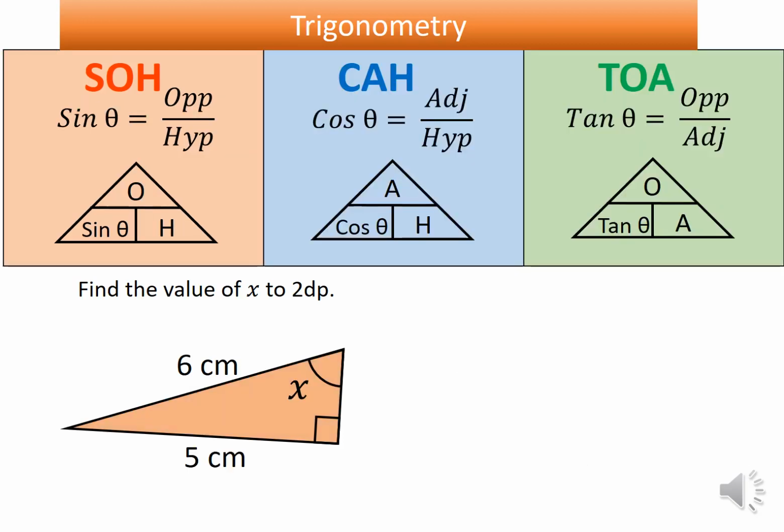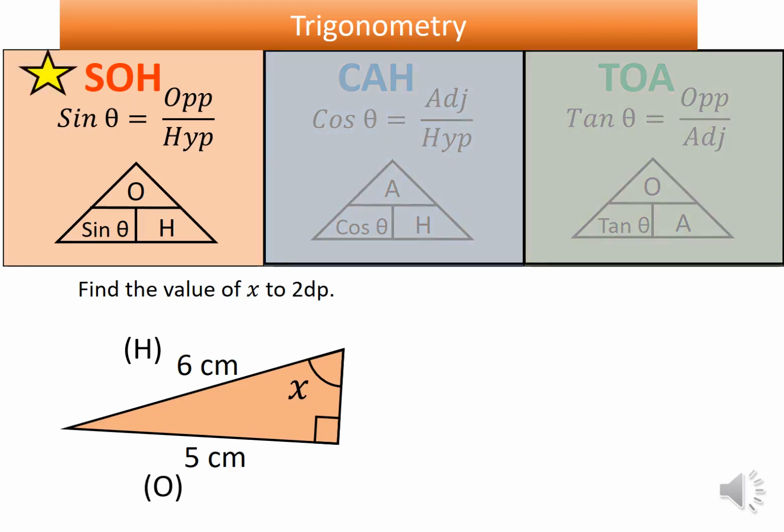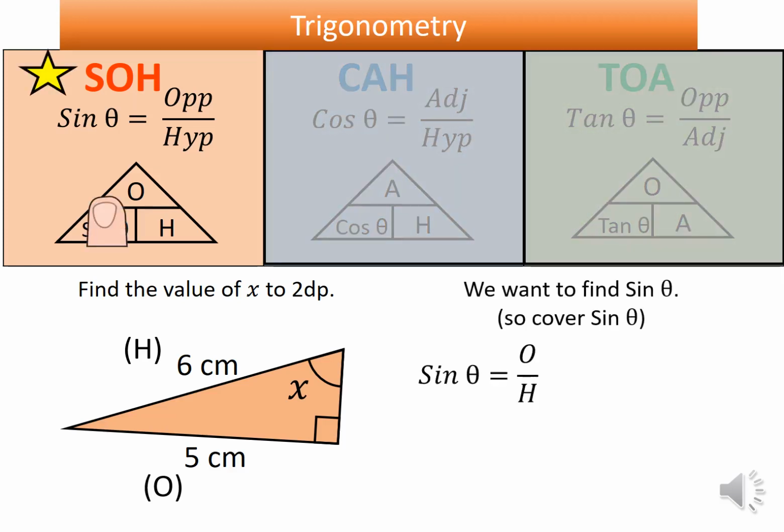In the next example, I have two lengths given, but I want to find the angle. So again, we need to start by marking or labeling what we have in our diagram. So 6 is the hypotenuse because it's opposite the right angle, and 5 is the opposite because it's opposite angle x. So I need the ratio that involves opposite and the hypotenuse, and that is sine. So I can substitute the values into the right equation.